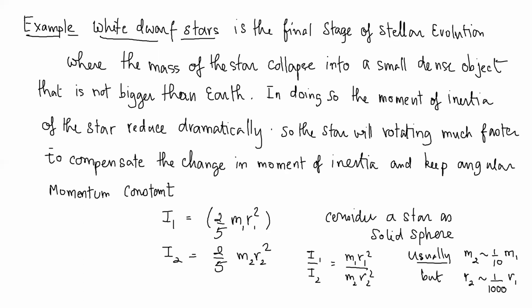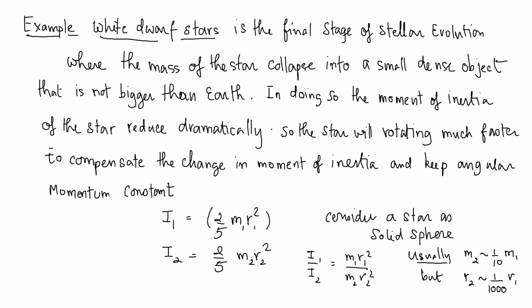Okay. So if originally the star has the moment of inertia of 2/5 mr squared, this is the moment of inertia of a solid sphere, and then after its collapse, it has the moment of inertia of 2/5 m2r2 squared.